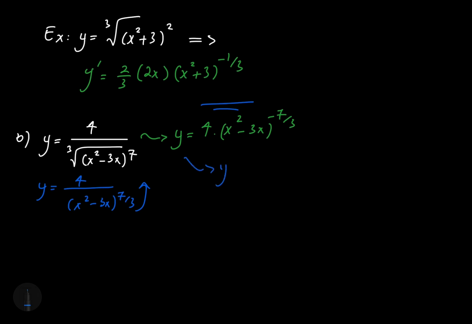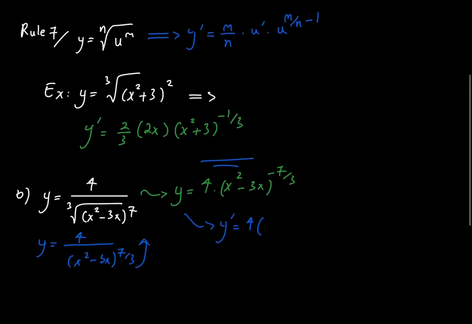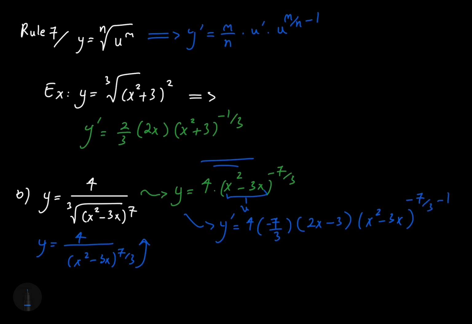Well, y prime is simply going to be 4 multiplied by, let me show you the rule, m over n, so negative 7 over 3 multiplied by 4, multiplied by the derivative of u, which is this part, 2x minus 3, multiplied by x squared minus 3x raised to the power of negative 7 over 3 minus 1.